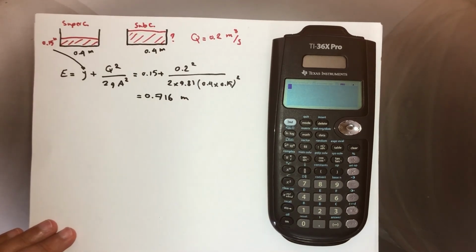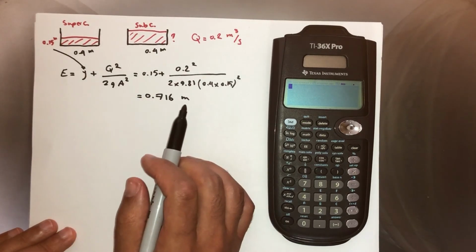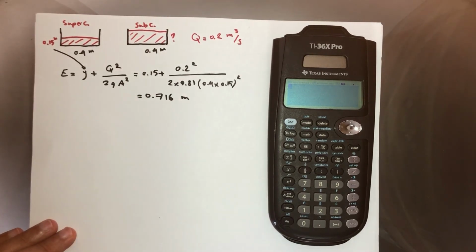Now I need to set this again and find the roots of the cubic equation for the alternate depth.